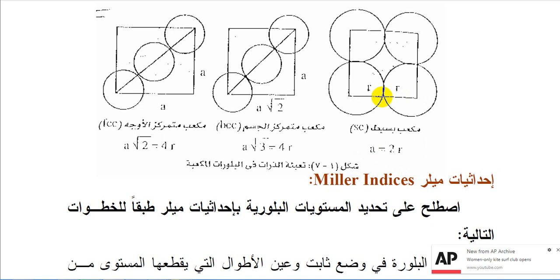So here we have a radius for the sphere as well as a radius for the adjacent sphere. We take the atoms in the form of spheres, spheroidal objects.